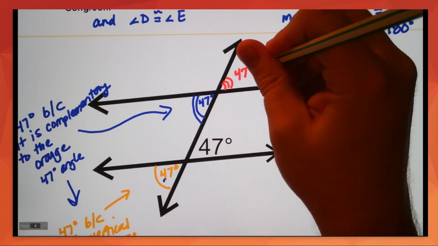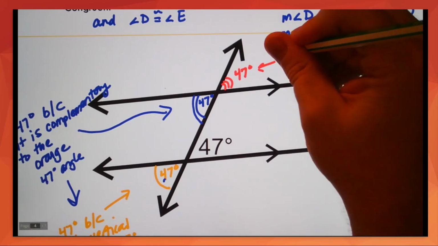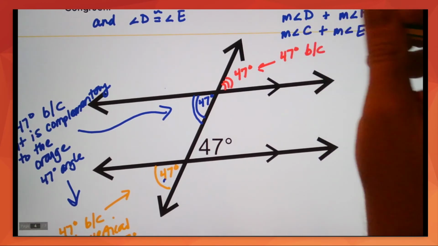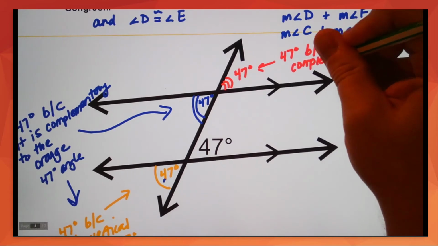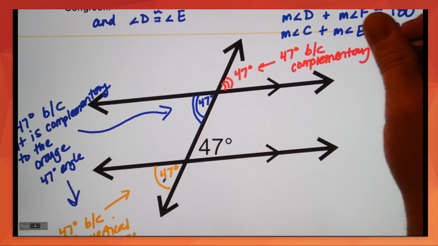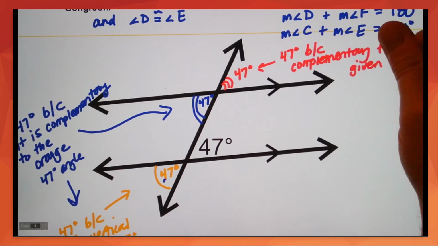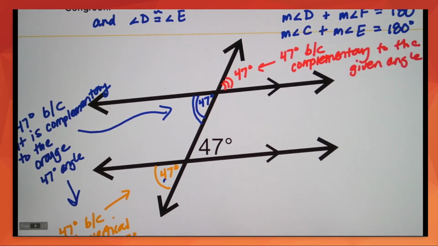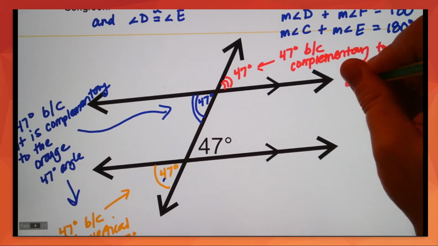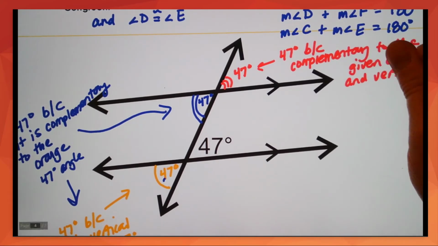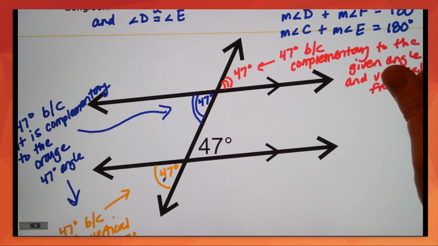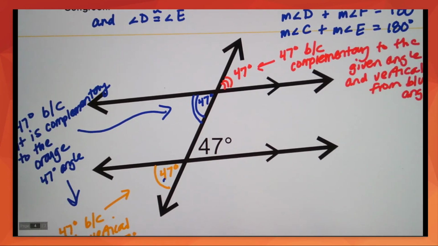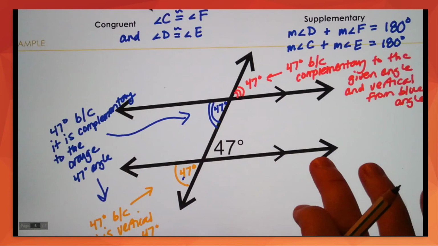So we'll do two reasons here. 47 degrees because it's complementary to the given angle, and it is vertical from the blue angle. Okay, let me zoom that out a little so you can see all the stuff I'm drawing.